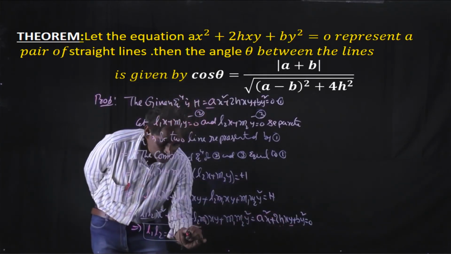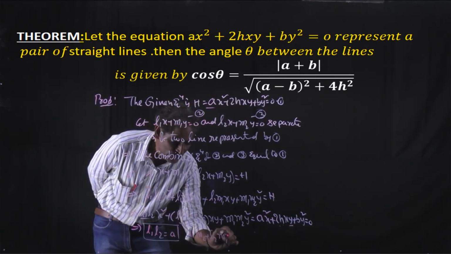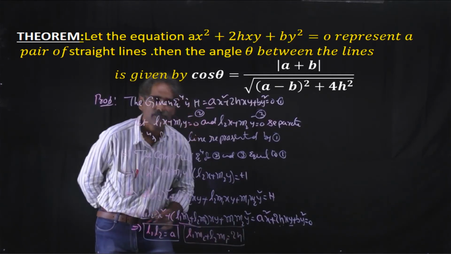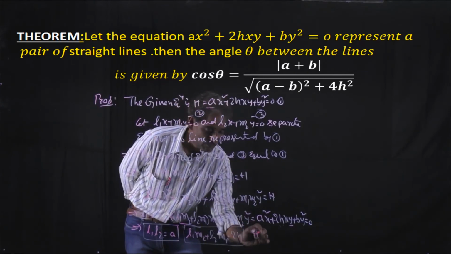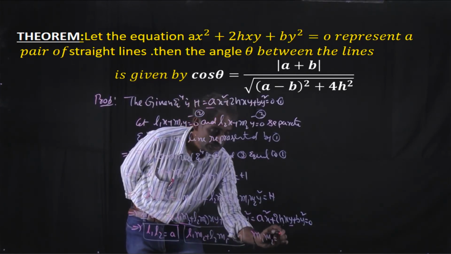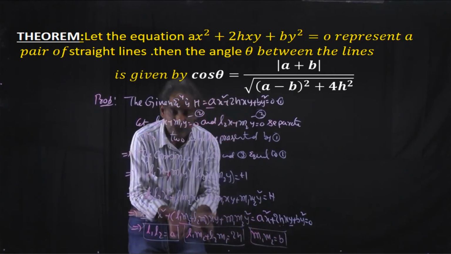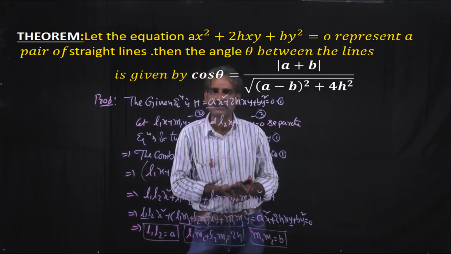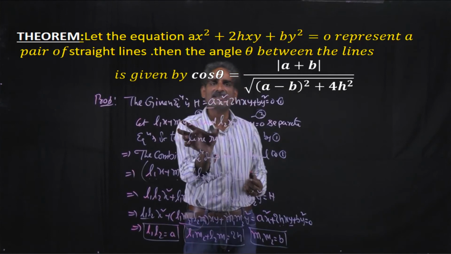That means L1 M2 plus L2 M1 is equal to 2h. Next, what about the y square coefficient? M1 M2 is equal to b. With the help of these three relations, we have to express cos theta in terms of a, b and h. Understand? So for these two lines, what is cos theta?